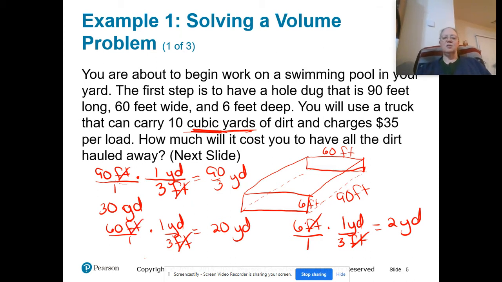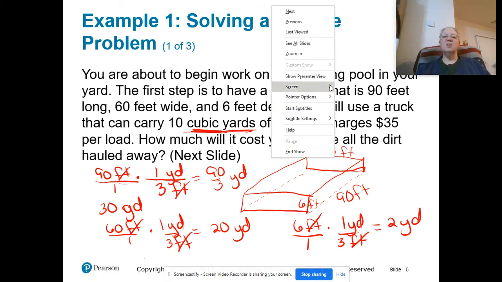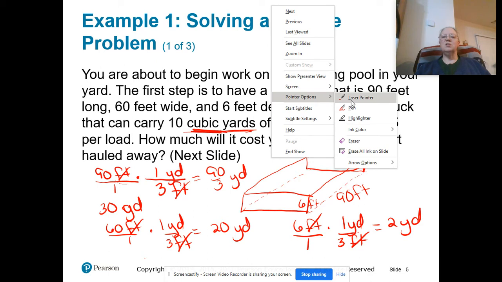So our new dimensions now are, I'm not going to draw this again, I can't draw it again. I wonder if I can change the color. Pointer options, ink color, that will help.